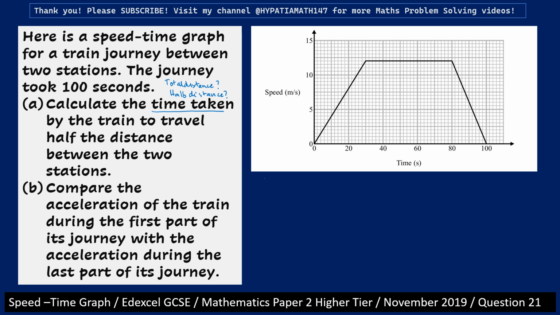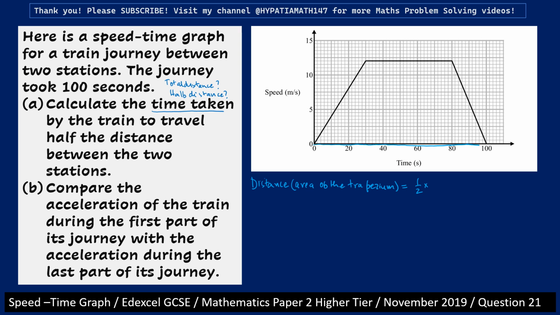So I'm going to write the distance is the area of the trapezium, and that would be half times the sum of the parallel sides.